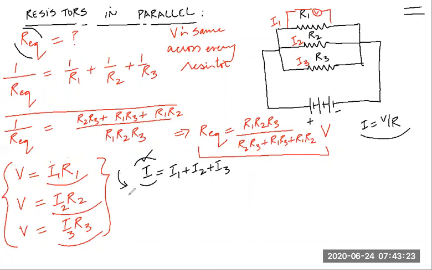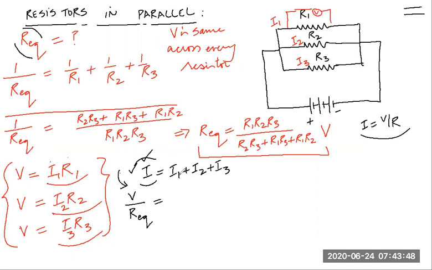V by R. Now what V would be? Total voltage V, and V everywhere is same, so fine. And V by R. So what R would it be, students, now? Whether it would be R1, R2, R3 or R equivalent. This is the current flowing in the whole system. When you talk about the whole system, then it will be equivalent.